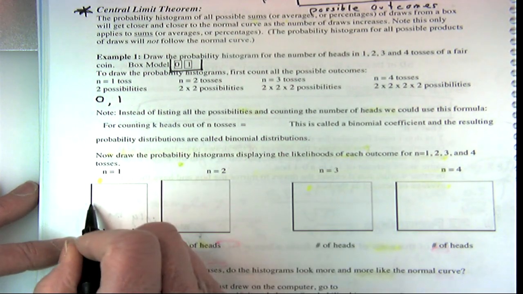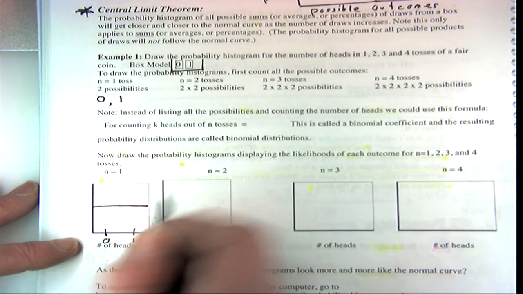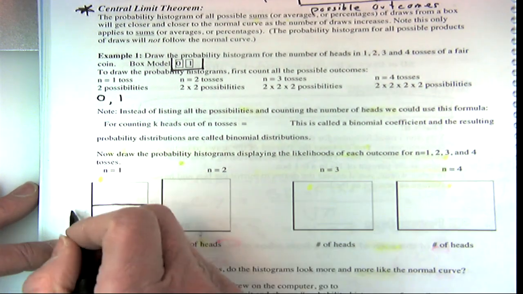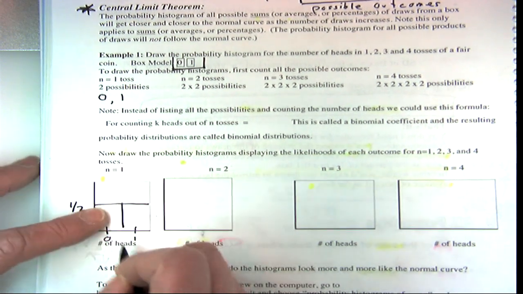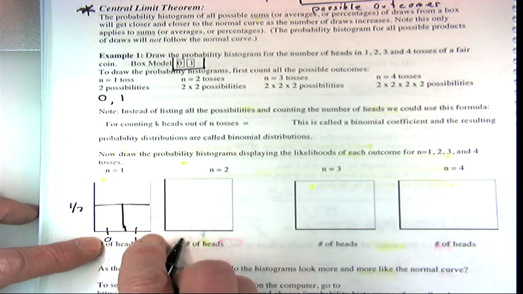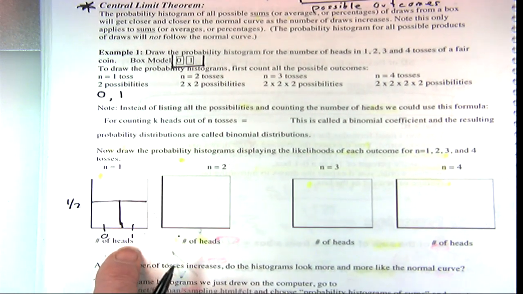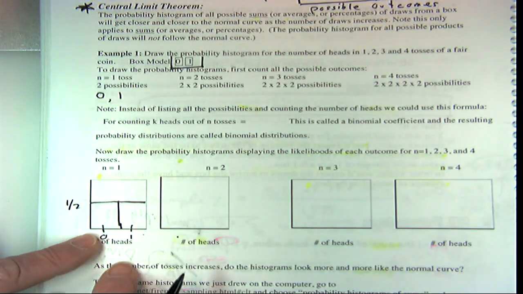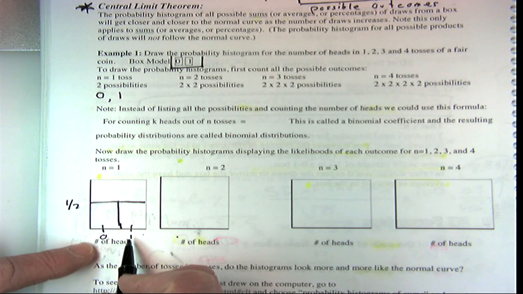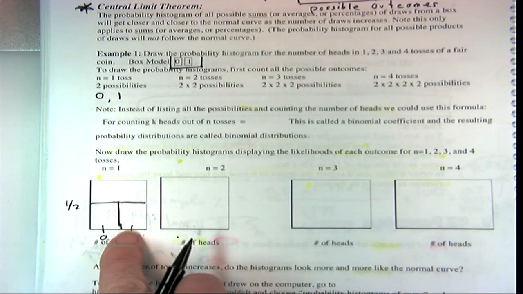And then we can just draw this axis and say, okay, there's a half a chance that you get a 0 and a half a chance you get a 1, 0.5 or a half. That would be the probability histogram for either the contents of the box or one draw from that box. Do you see? It tells you the possible outcomes and tells you the chance of each. That doesn't look like the normal curve yet, right?